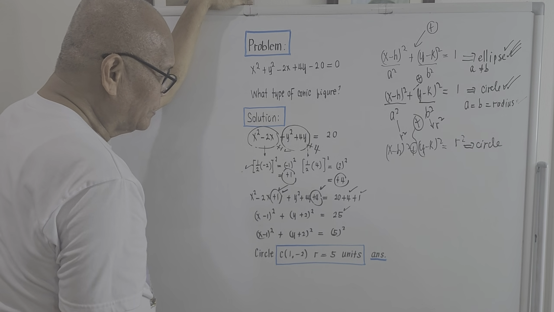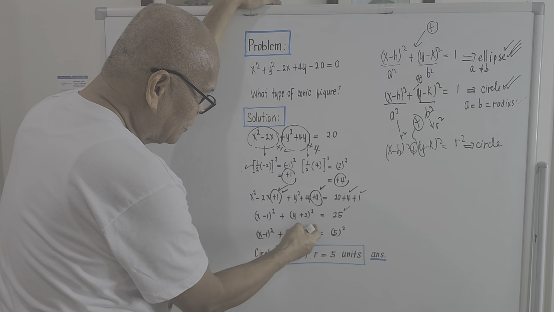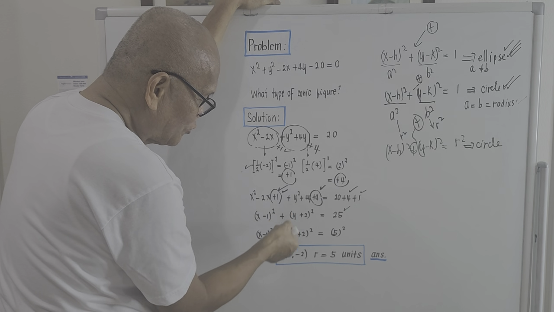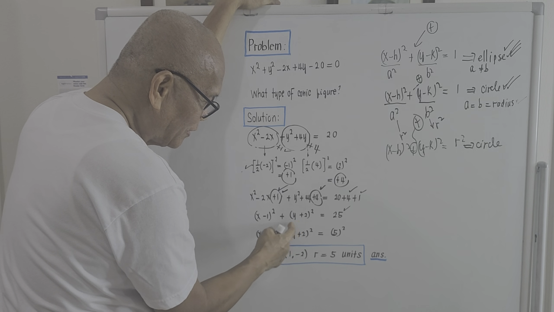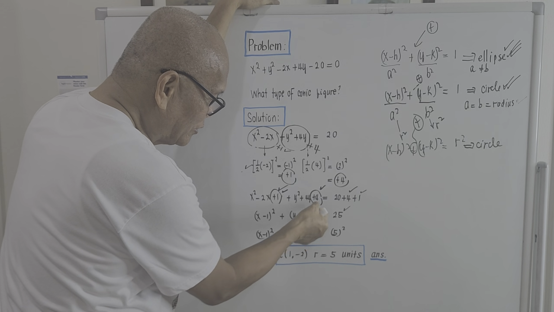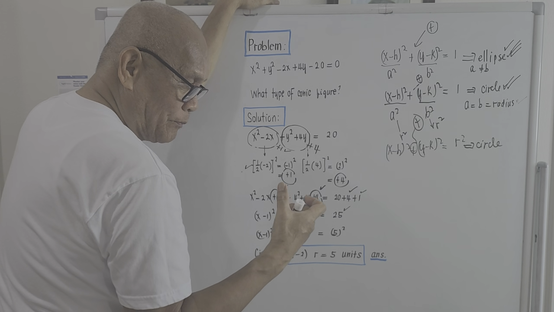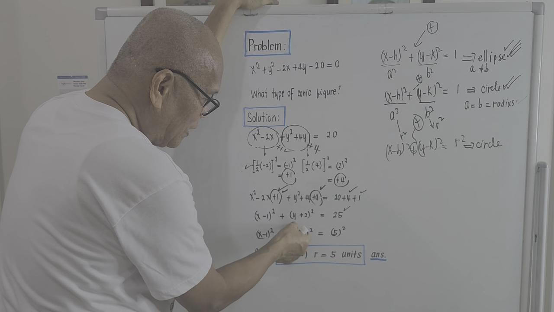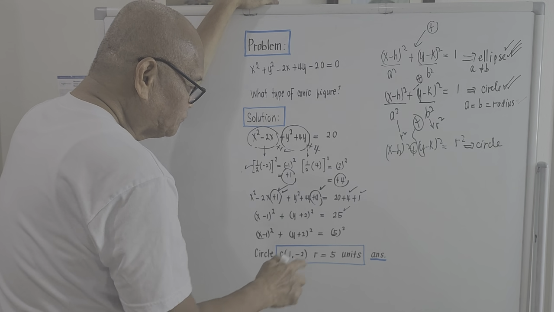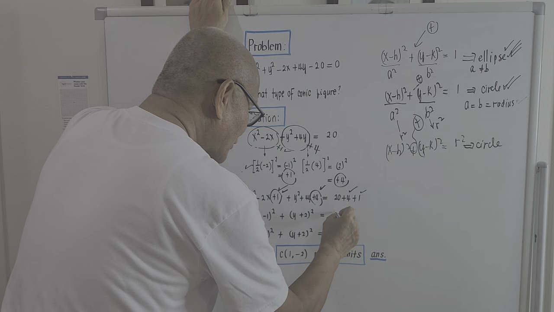For the other one, y plus 2 quantity square, if we expand this, the square of y will be y squared, the middle term will be 2y times 2, that will be 4y, and the last part will be the square of 2, which is 4. So this expansion is equivalent to the perfect binomial y plus 2 quantity square, and this should be equal to, for the right hand side, simply 5 squared.